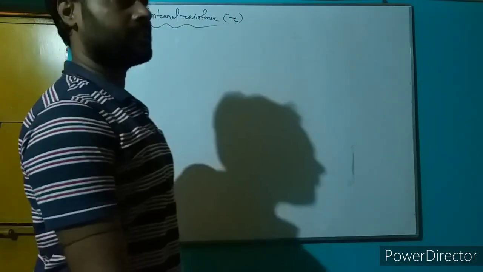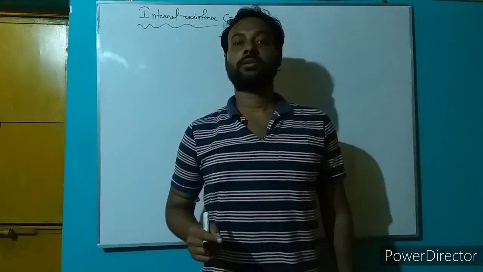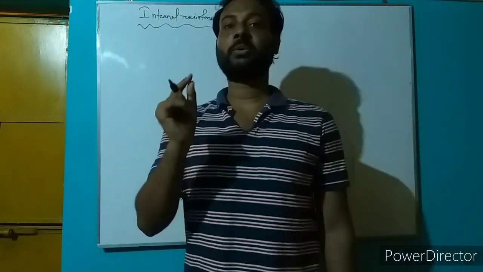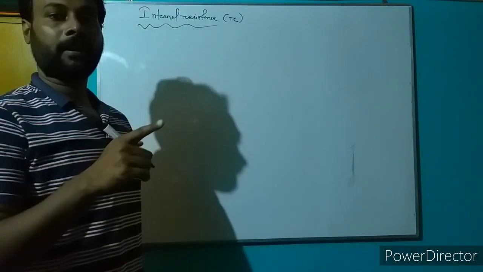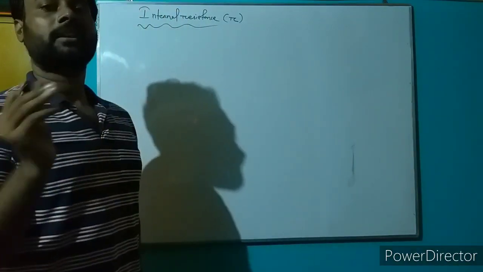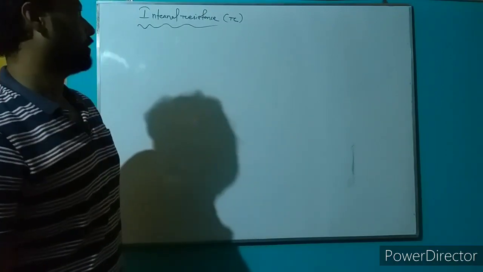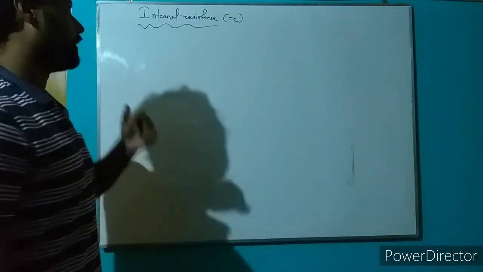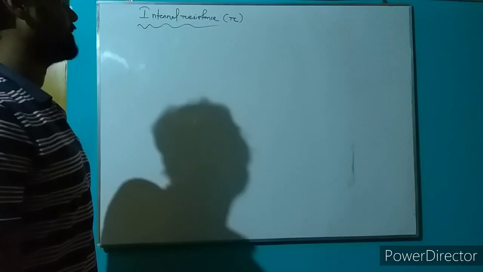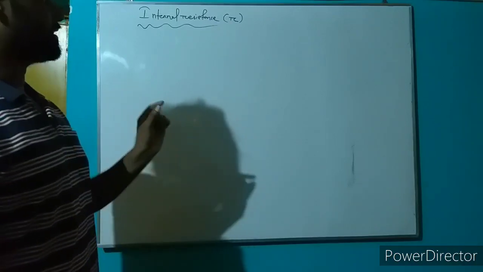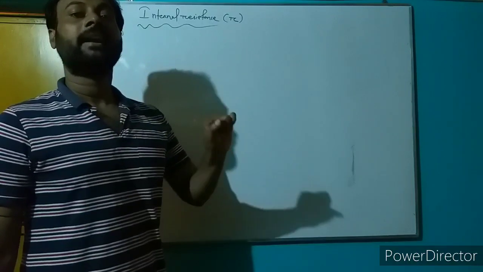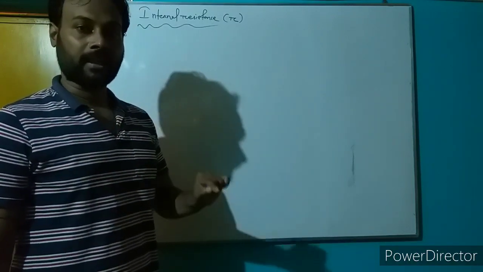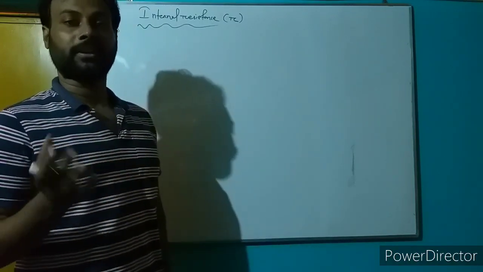Internal resistance is a resistance which is generated due to the electrode as well as the electrolyte whenever current passes through the cell. That means, again I repeat, internal resistance of a cell is defined as the resistance offered by the electrodes and electrolytes of the cell when there is a current flowing through it.